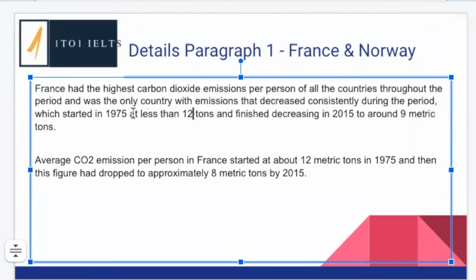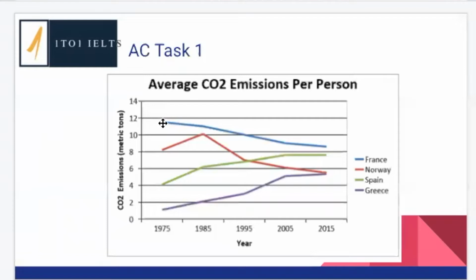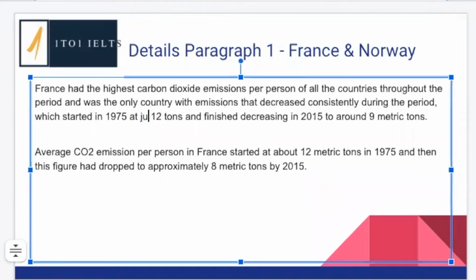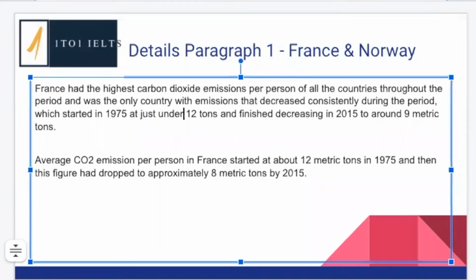So how could we be a little bit more specific than writing "less than 12 tons"? "We started here" would be a much better expression. So it's very close to 12 tons, but it's under 12 tons. So "about", "nearly" is fine. Again, if I say "about", "around", it's good that we're using these approximations, but something we could use here is "it started in 1975 at". Now I know this expression indicates an approximation.